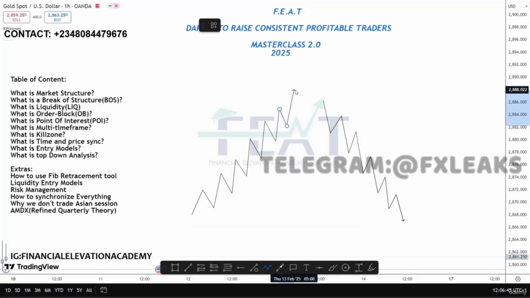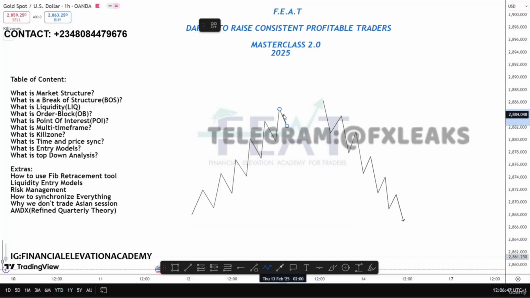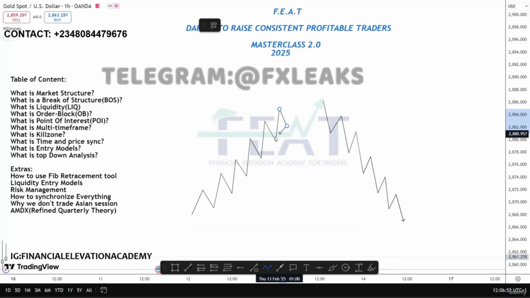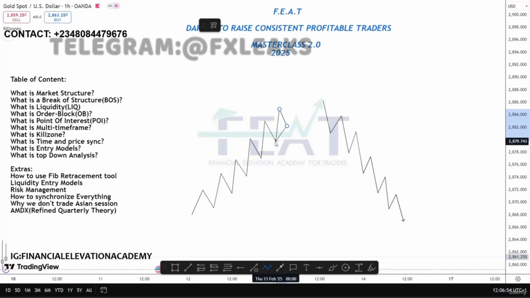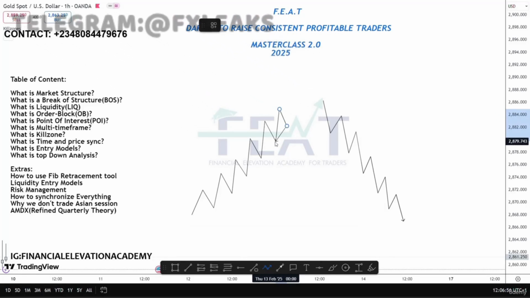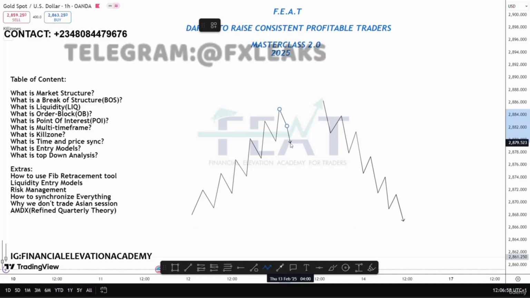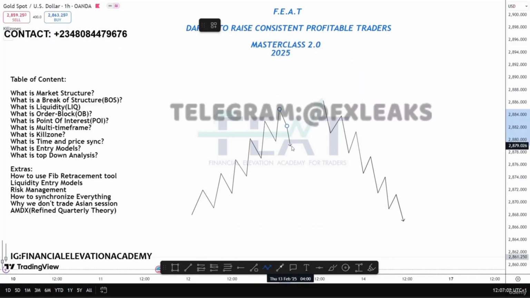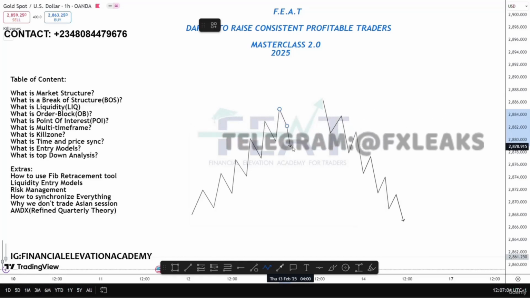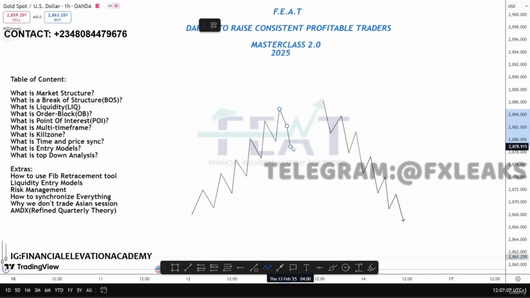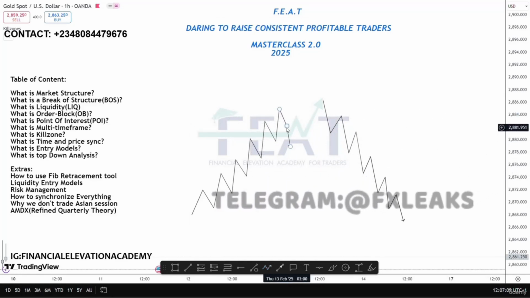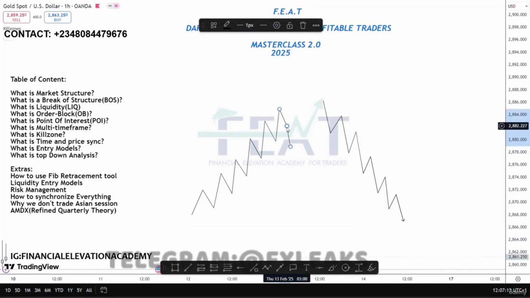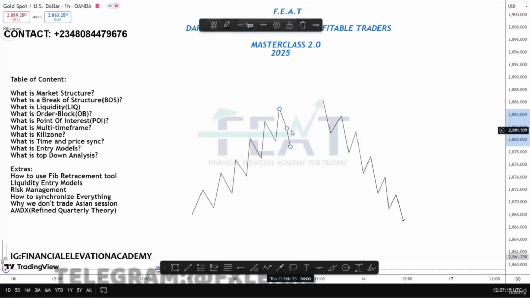A break of structure simply means that a previous high or a higher high fails to respect the higher low and now creates a lower low or a new low, so to speak. Sorry for the mistake there. A new low. Now, a new low is a low that is obviously lower than the previous low. Now, this right here is the break of structure.